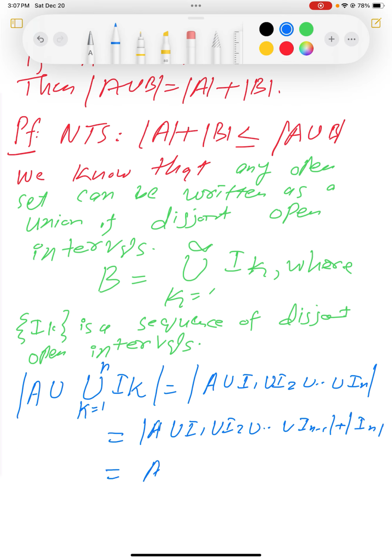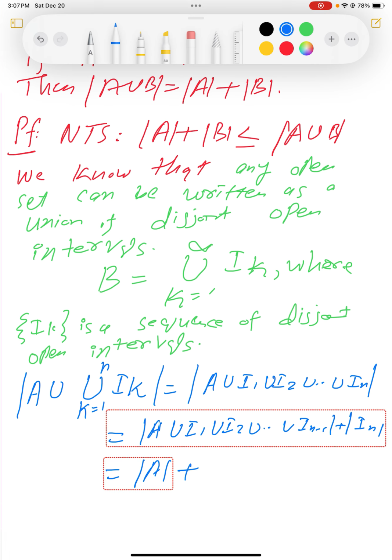So by induction this will eventually be the outer measure of A plus the sum over k equal to 1 to n of the length of I_k.